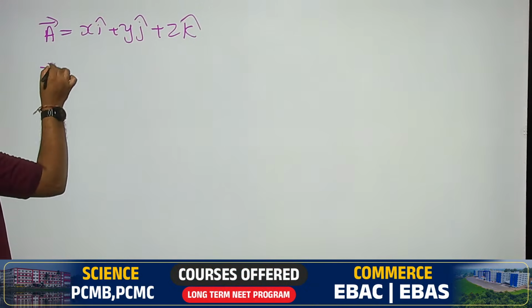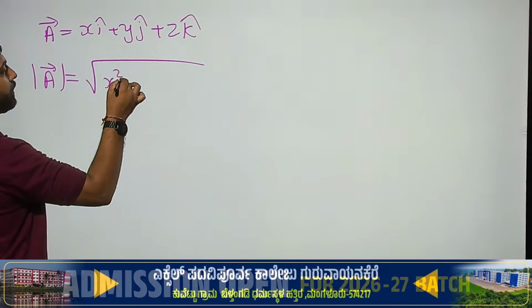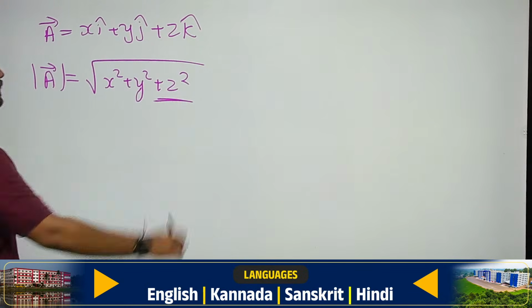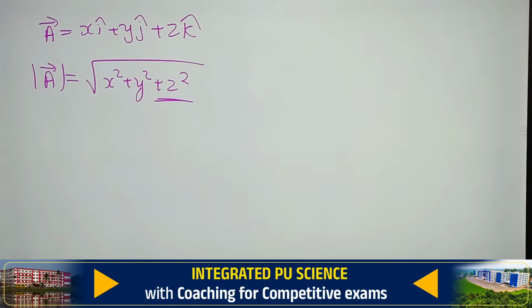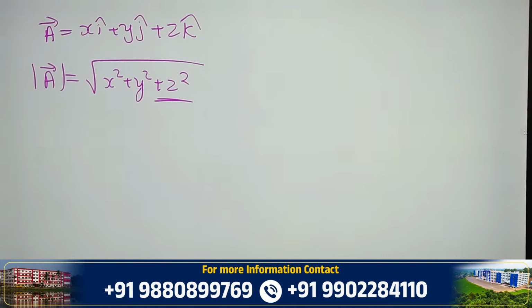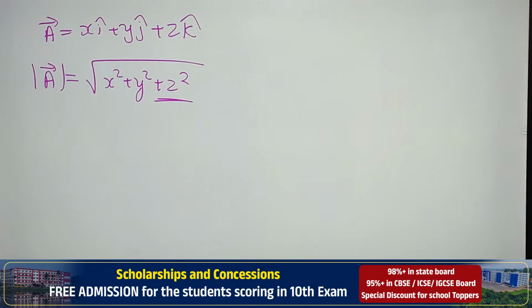You have to remember this formula. It is simply root of x square plus y square plus z square. Okay. If a vector is mathematically represented as xi plus yj plus zk, then its magnitude is root of x square plus y square plus z square.